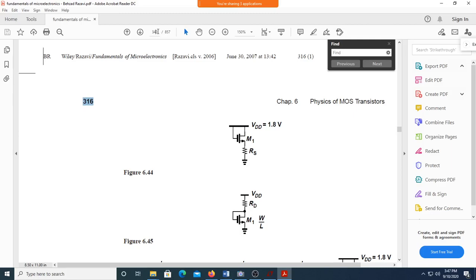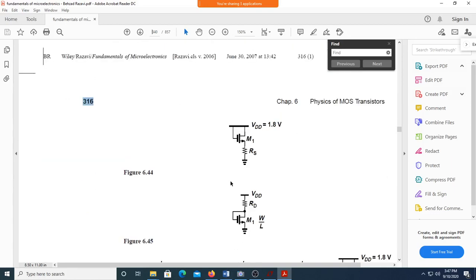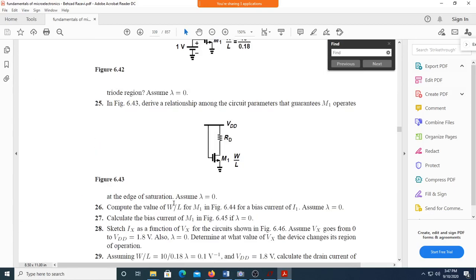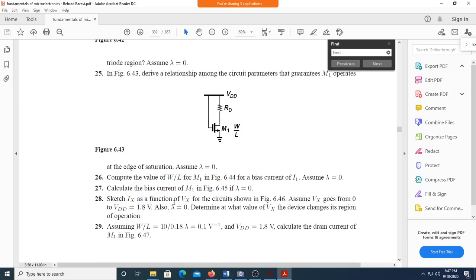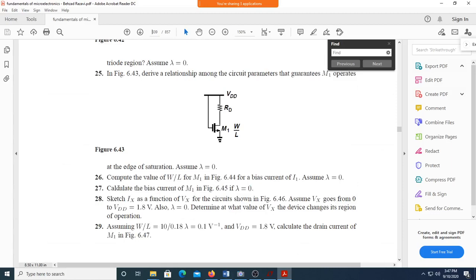So you can type and go to that particular page. These are problems 26 and 27. They are here, this is 6.44.